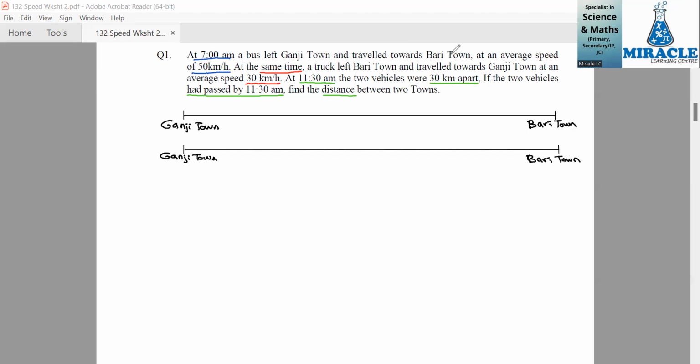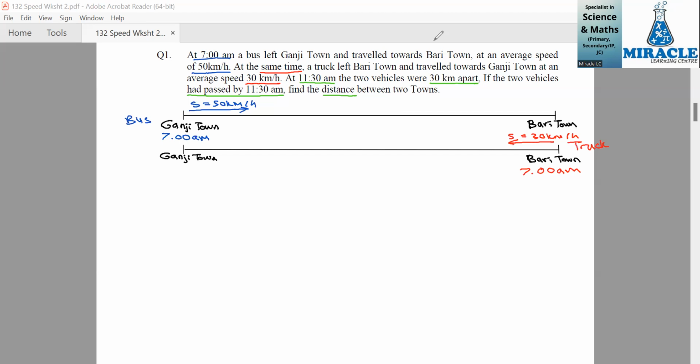Okay, so let's draw all of this out. We know that at 7 a.m., a bus left Ganji town and traveled towards Bari town at a speed of 50 kilometers per hour. And at the same time, so 7 a.m., a truck left Bari town and traveled towards Ganji town at a speed of 30 kilometers per hour.